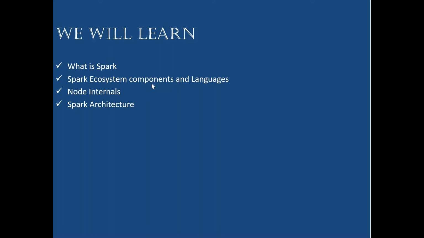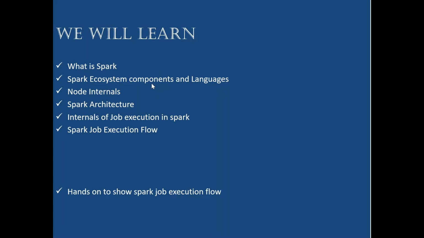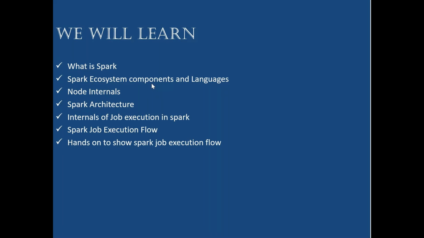Then we will be talking about Spark architecture, internals of job execution in Spark, and how the job execution will happen. For the Spark job execution flow, we will discuss the step-by-step process. Finally, we will do hands-on to show the Spark job execution plan. When you write code and execute, you get output, but that is not the main thing.